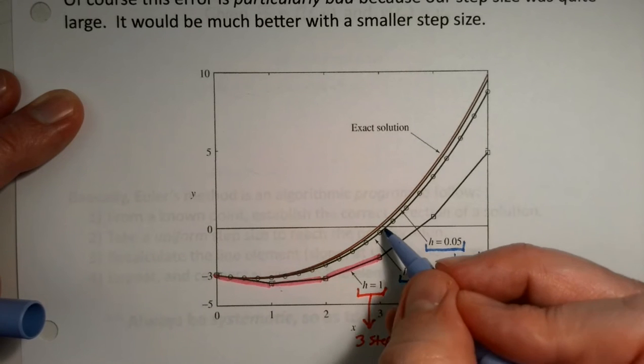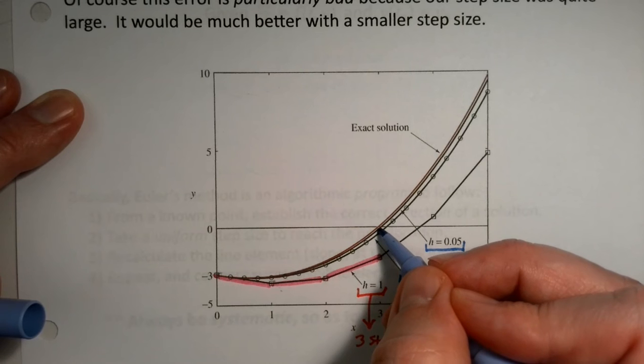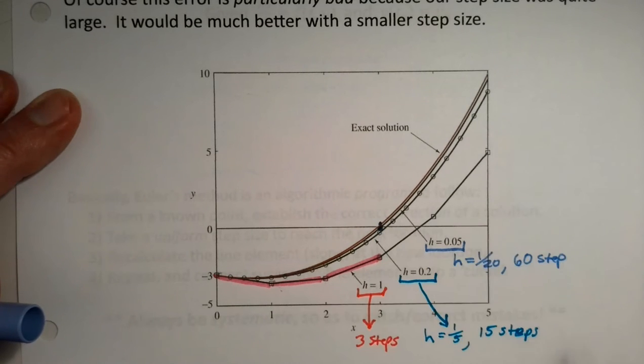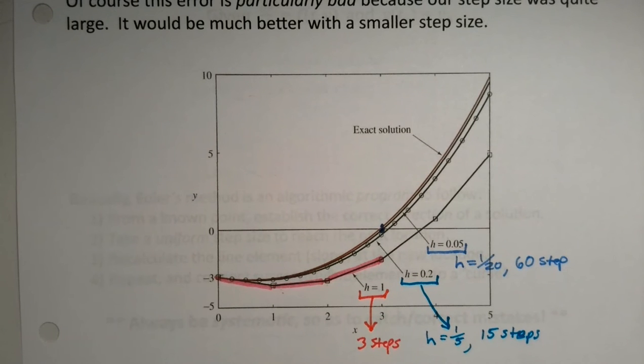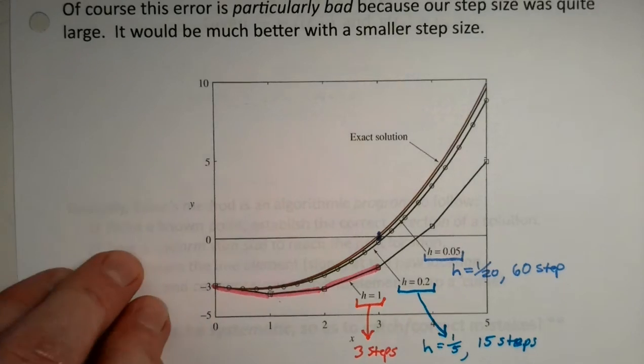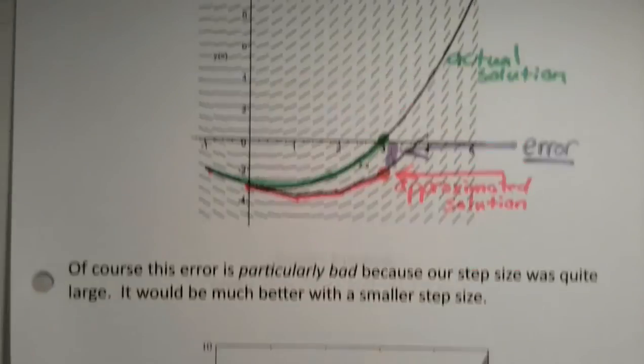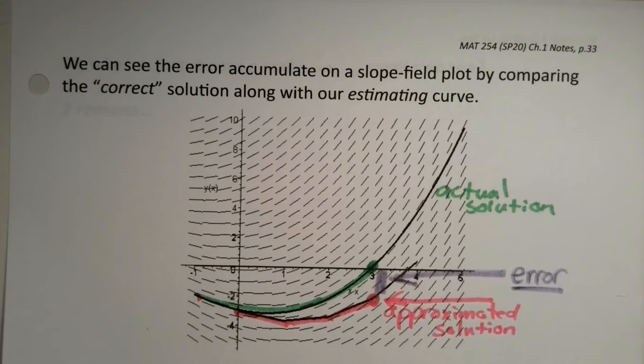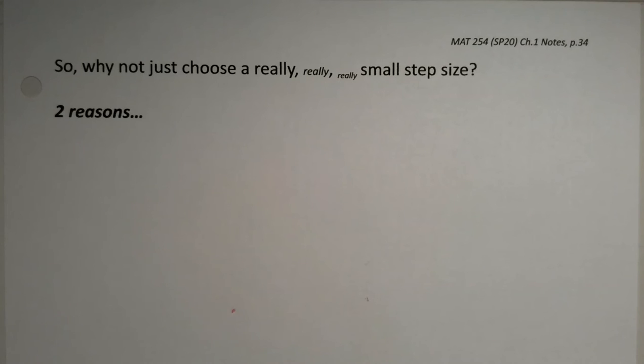But look at how accurate 60 steps is. 60 steps is so close to the exact answer. That's a really good approximation. So what's the trade-off? Well, more steps means more calculations, but it also means better accuracy. So with Euler's method, it's a trade-off. Do you want to do more steps and more calculations and be more accurate, or not?